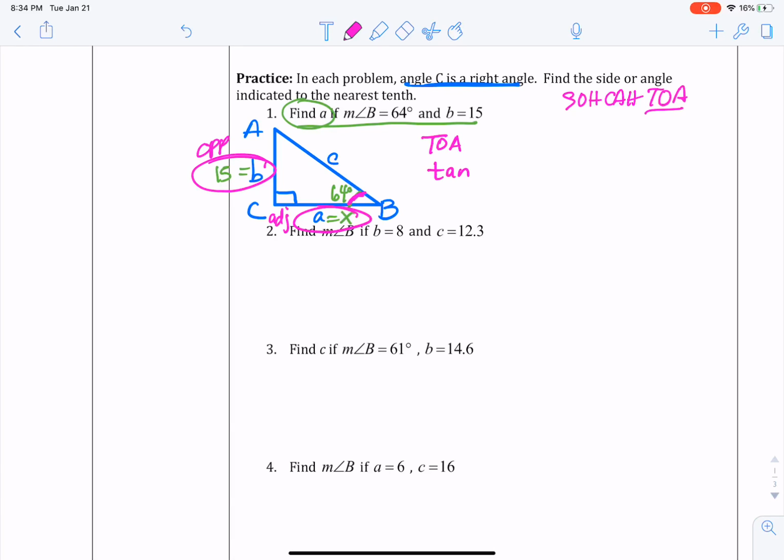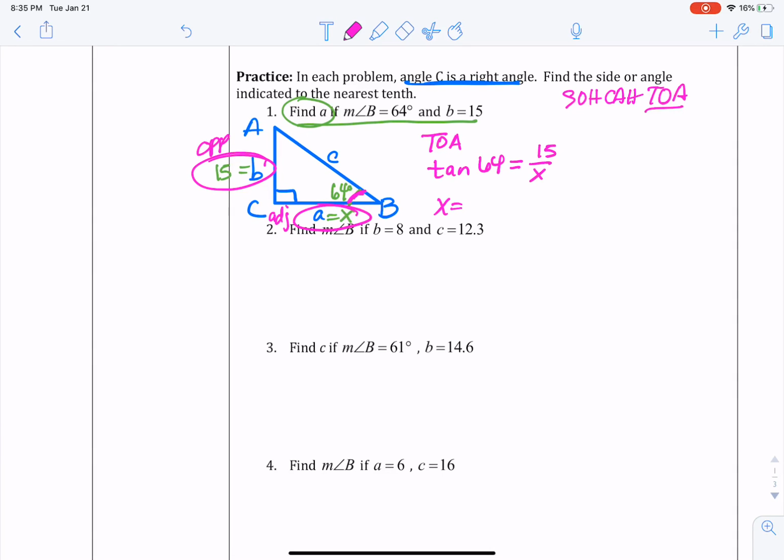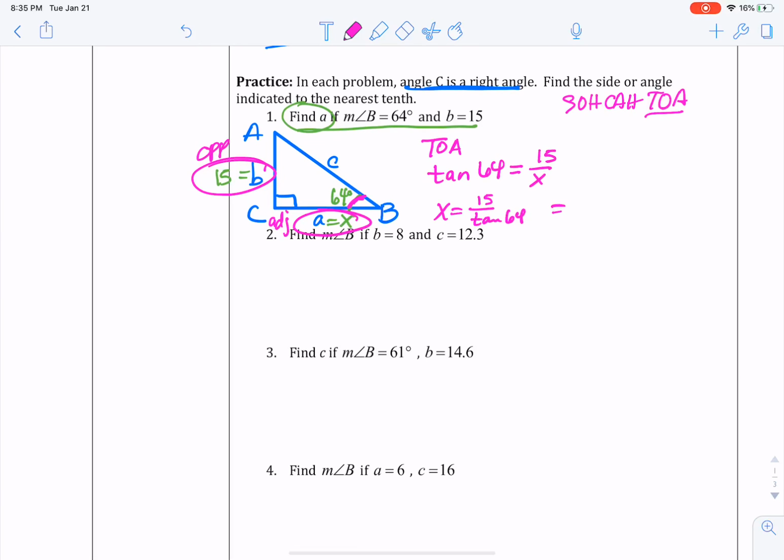The tangent of 64 degrees equals 15 over X. When X is in the denominator, we can switch so that X equals 15 divided by the tangent of 64, which comes out to be 7.3.